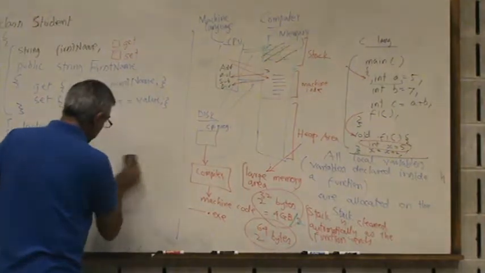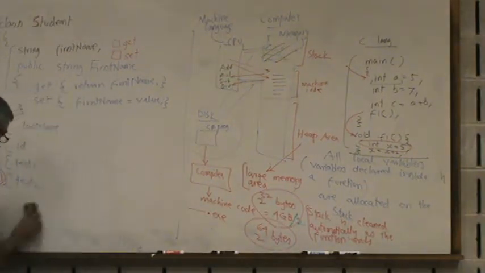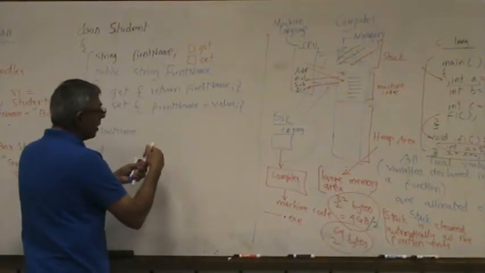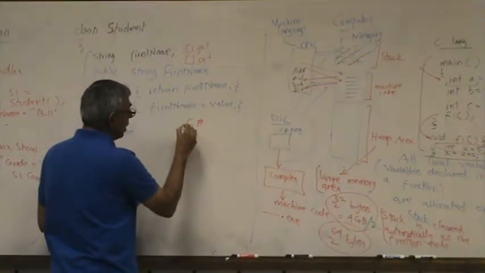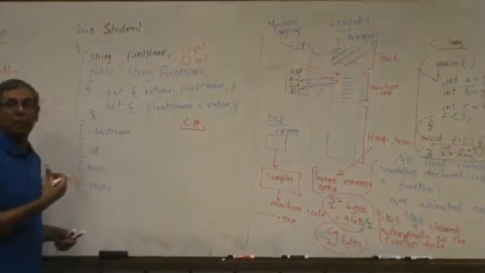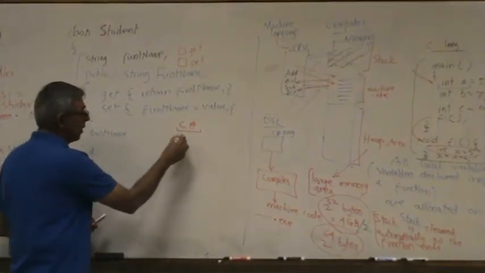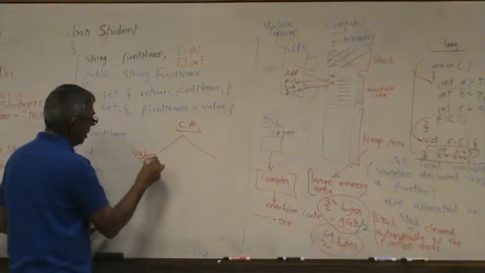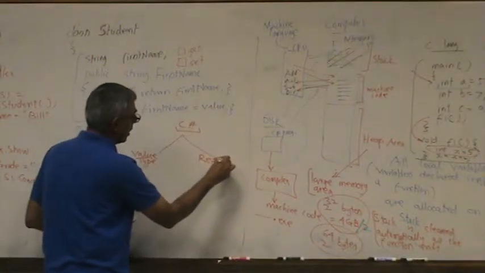Now let me give you one more concept. For example, in C#, very similar to Java and other languages, there's a concept of a value type and a reference type.